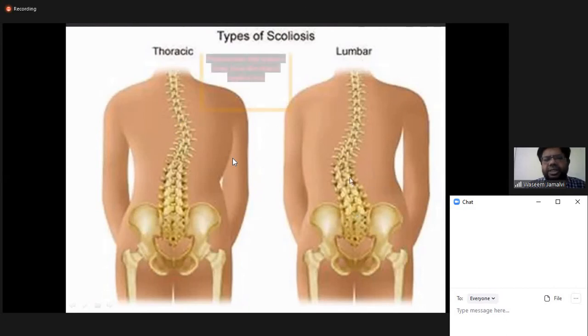But in this situation, it is the lumbar area. This one is toward the right side, and this one is toward the left. But in this situation, it can involve the thoracic spine.